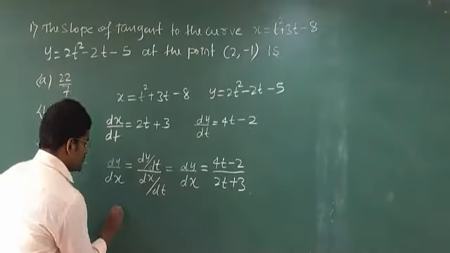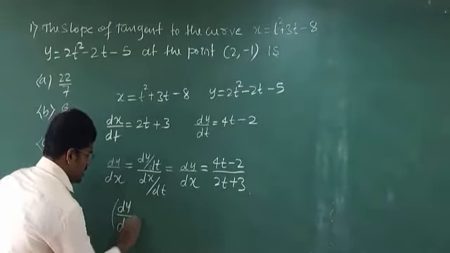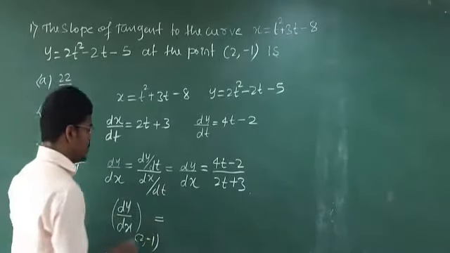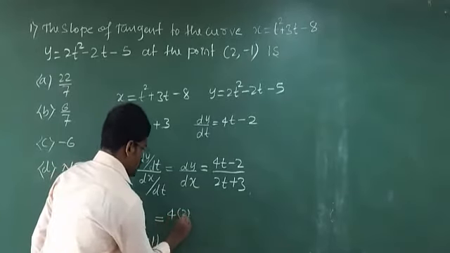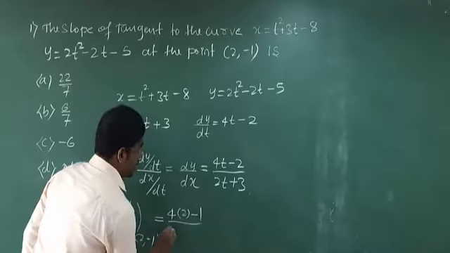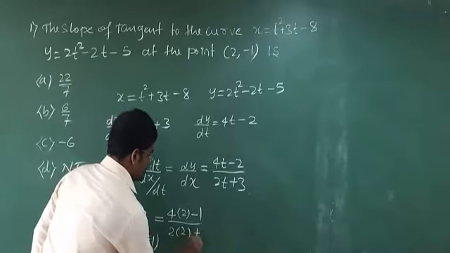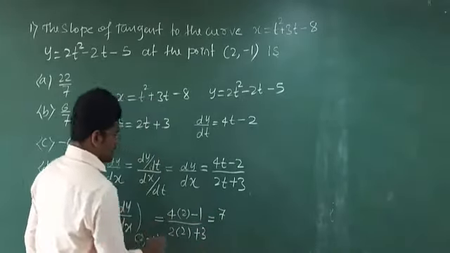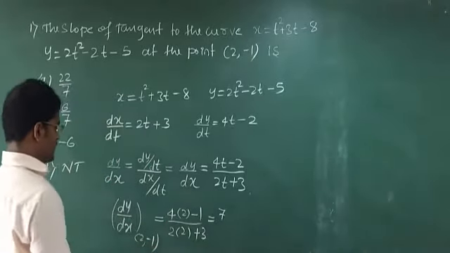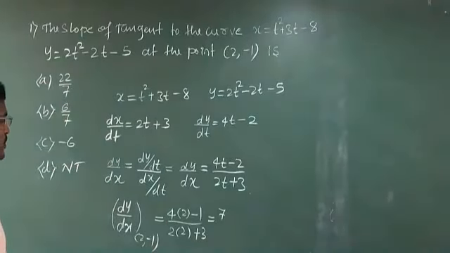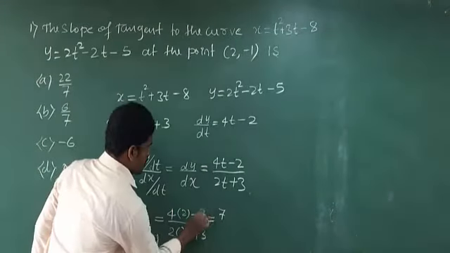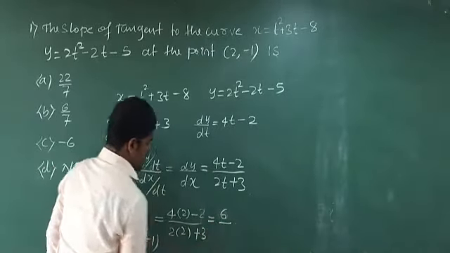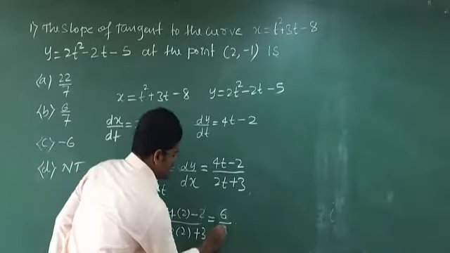So slope of tangent at the point 2 comma minus 1 will be equal to what? 4t minus 2, that is 4 into 2, 8, minus 2, that is 6, divided by 2 into 2, 4, plus 3, it is 7.